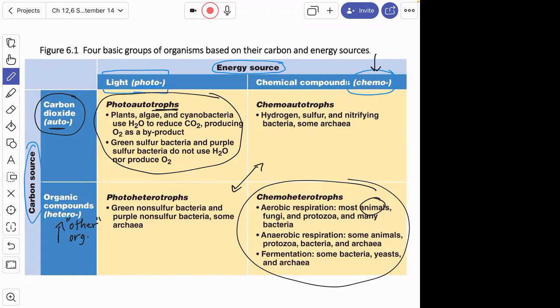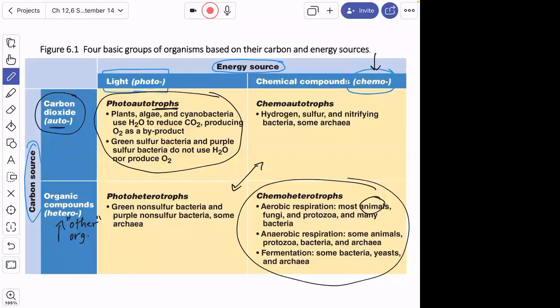So I'm not going to dig any deeper into those two terms. If you know that plants are photoautotrophs for the most part, and most other life are considered chemoheterotrophs, that's good enough for me. We could also add another prefix that would describe how organisms get their electrons, but we're not going to worry about that.